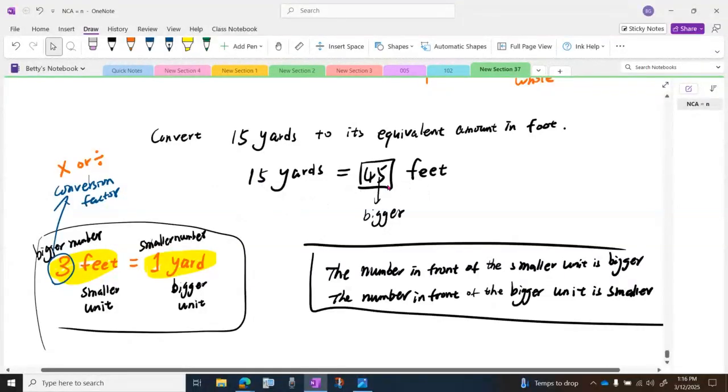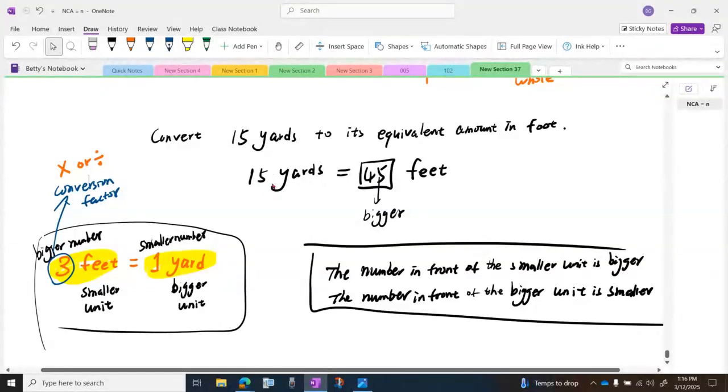It depends on whether you need a smaller number or a bigger number. Is that clear, guys? So the key step of my method is to identify the conversion factor. You at least need to know this name, conversion factor. Then you either multiply or divide the given number by it, depending on whether you want a bigger or smaller number.